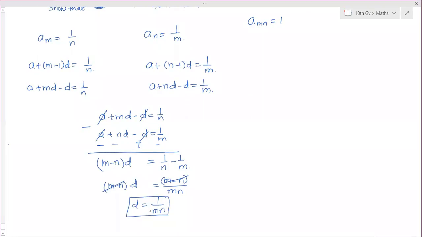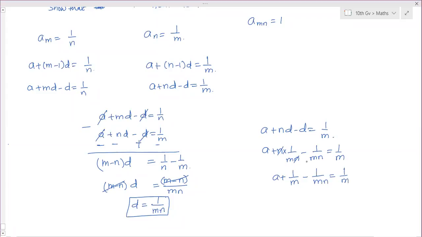Now substitute this value in any one of the equations to get the value of a. a plus md minus d is equal to 1 by n. a plus m into 1 by mn minus 1 by mn is equal to 1 by n.